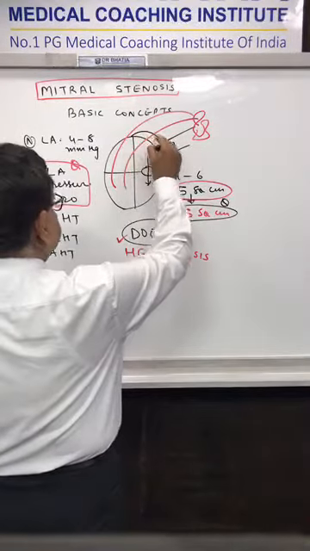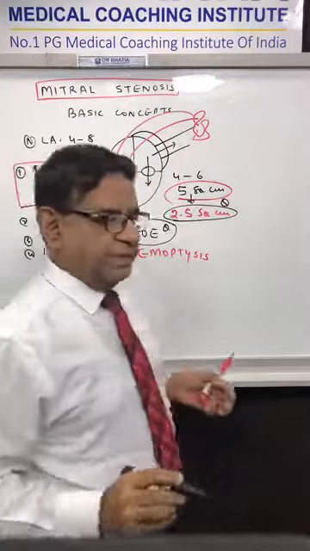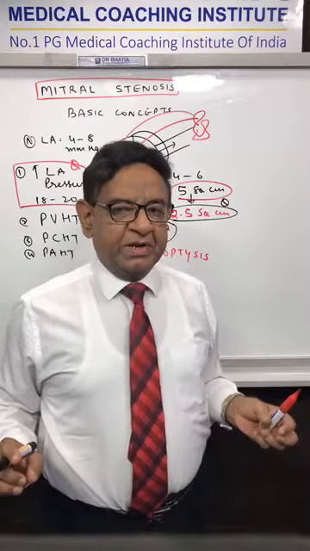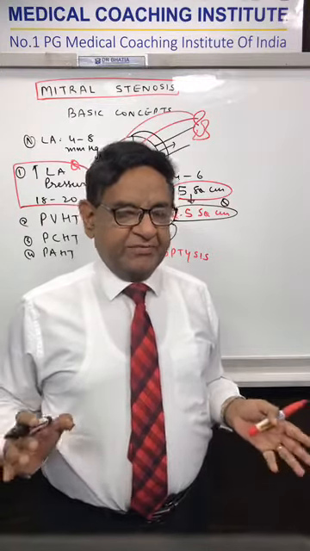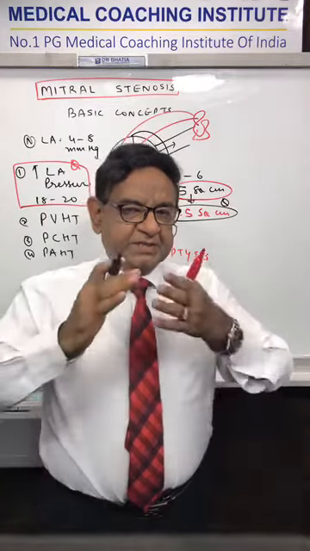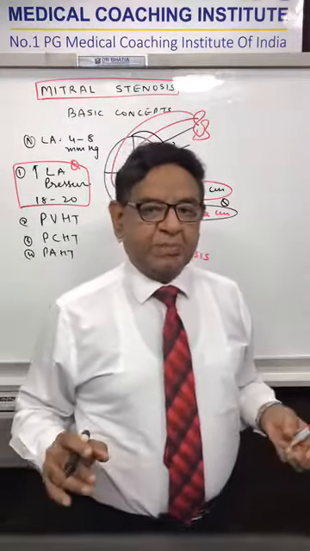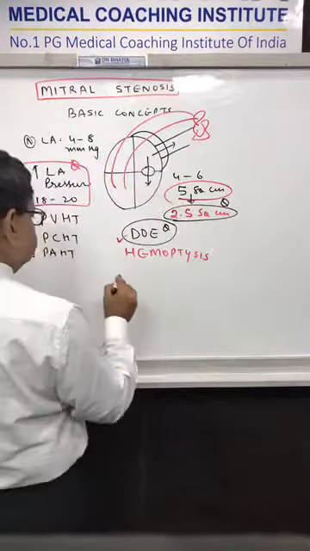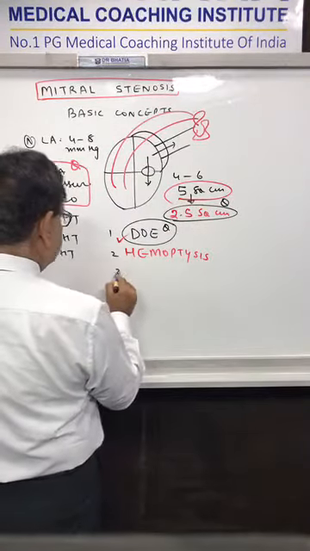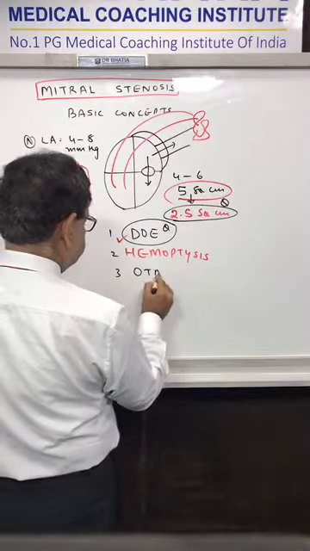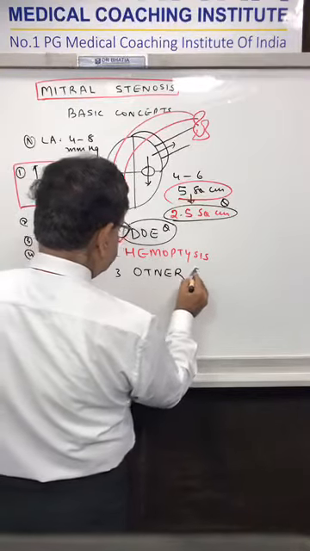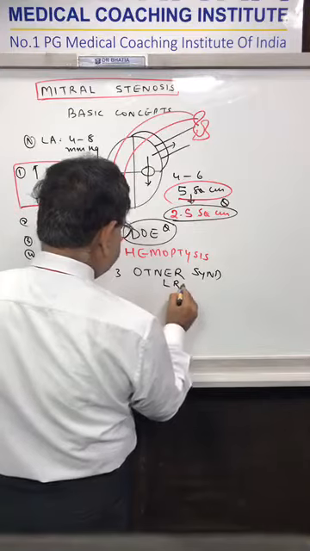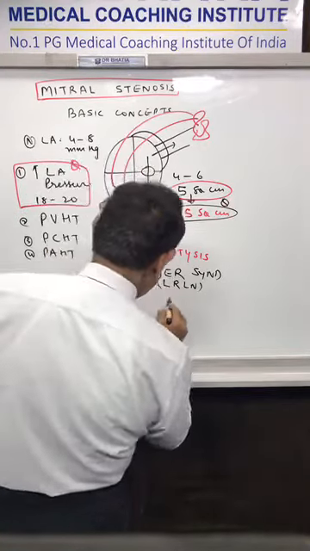And just behind the LA is the left recurrent laryngeal nerve. This nerve gets pressed, and the patient starts getting hoarseness of voice. This is known as Ortner syndrome. Ortner syndrome occurs due to pressure on the left recurrent laryngeal nerve.